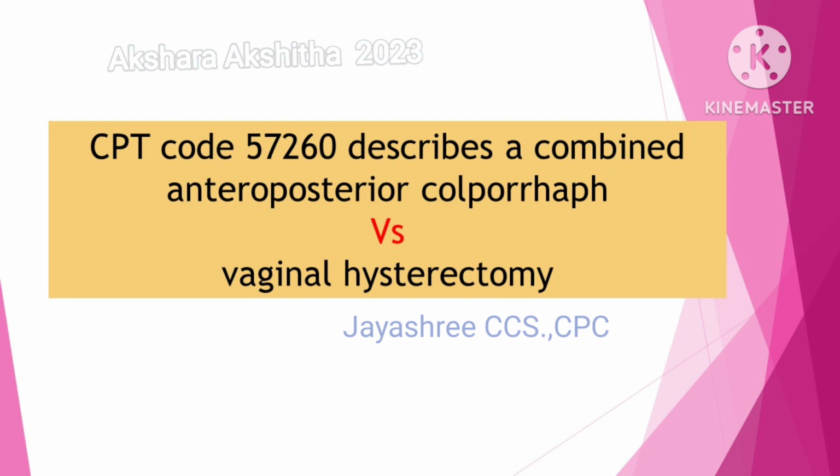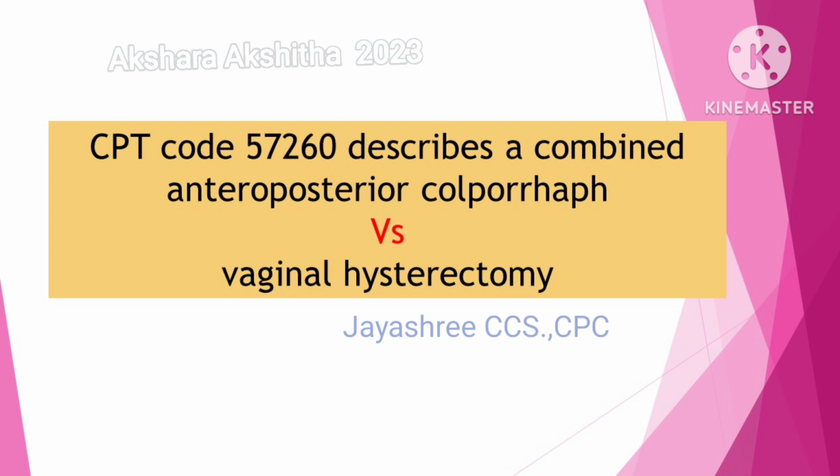So this is an included procedure, but if there is proper medical necessity we can bill with the NCCI modifier, that is 59 or X modifier. So 57250, 57240 and 57260 we may report with the hysterectomy procedure with the appropriate NCCI modifier.